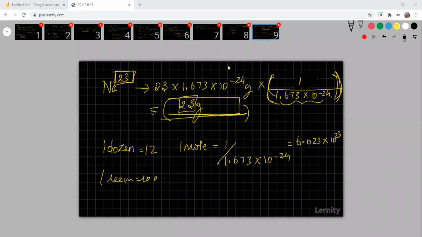If you multiply with some other number, for example if I consider 1 mole as 7 into 10 power 28, the final answer will be different. So the mass of 1 mole of atoms and the mass of one atom will be totally different.